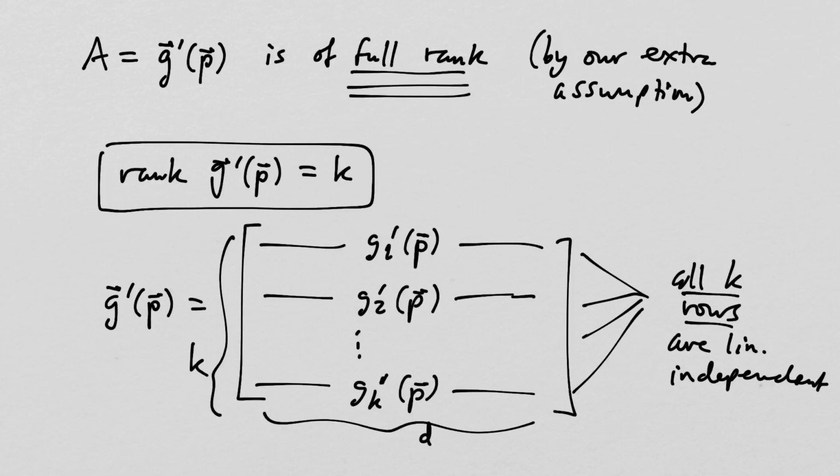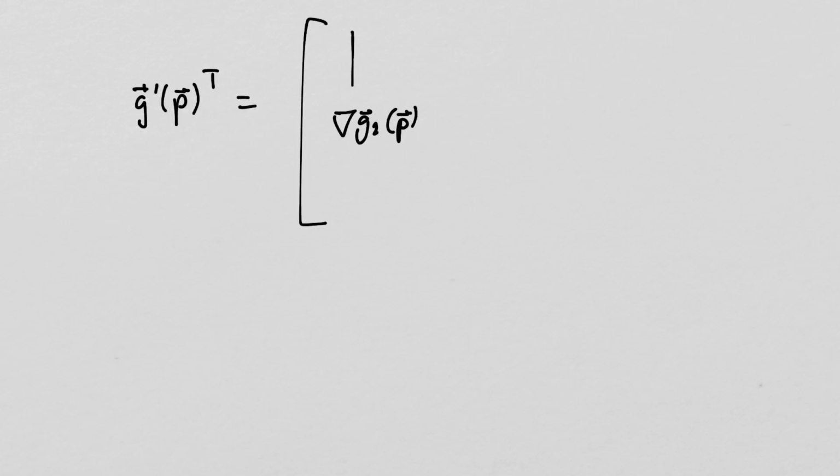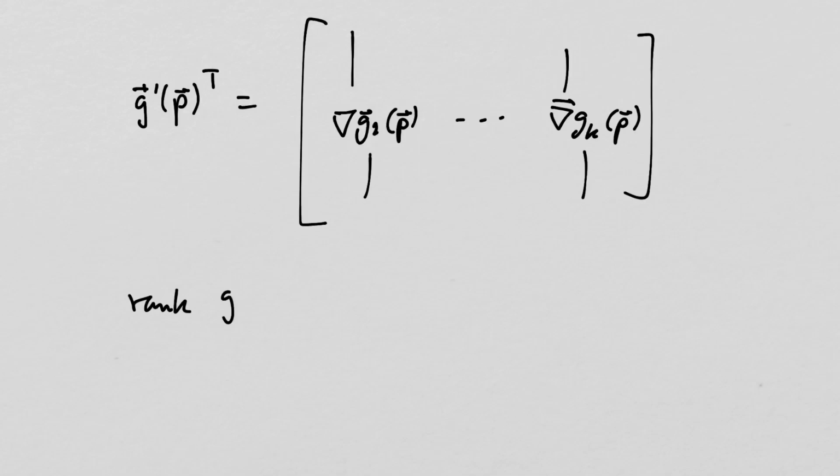By the fact that the rank is k. Remember, rank k means that you have k linearly independent columns, and you have k linearly independent rows. But there are only k rows to begin with. So in fact, all the rows are linearly independent. Right? And then now when I take the transpose, those just become gradients. All right, but remember that the rank of the transpose is the same as the rank of the original.